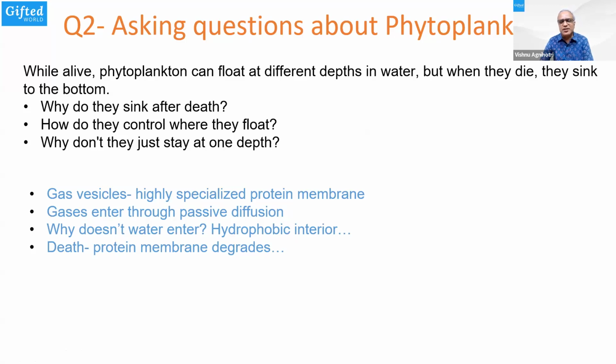And I did some Google search, and then I found that there is something called gas vesicles, which are like bubble, empty kind of bags. And apparently what is holding it is a protein membrane, a specialized protein membrane. But when they die, then they should still float.